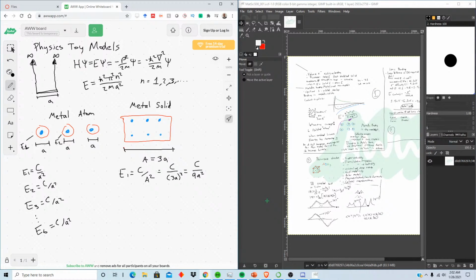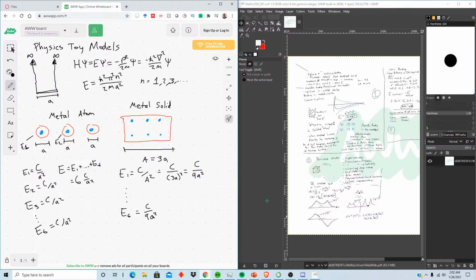And so if we look just for one electron in this system, the energy actually dropped by a ninth, right? This is literally 1/9 of the energy here. And so we can say that this electron, all the way down here, is also a ninth of this. And so the total energy of this system, it's E1, and you add up all the way to E6, it's going to be 6 times C over a squared.